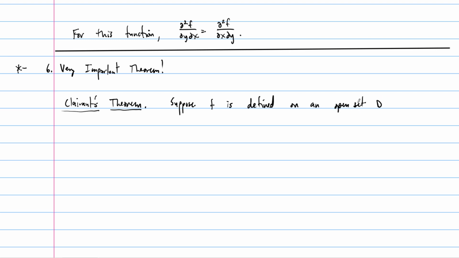Remember, open set means that it doesn't contain the boundary elements, right? So an open set D that does contain our point A, B. All right, if the functions, and now I'm going to use the book's bad notation, f sub xy and f sub yx.